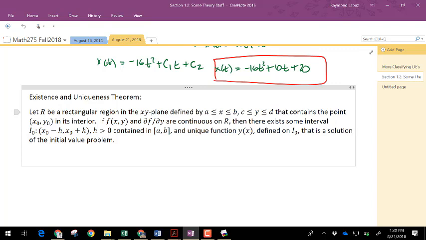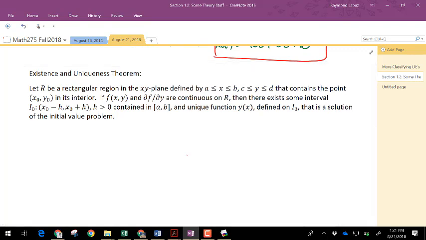All right, so what does that mean? Let's see if we can figure out what that means. That means if you have a number line that you're dealing with, and then you have x naught on that number line, and then you're given the point y naught.